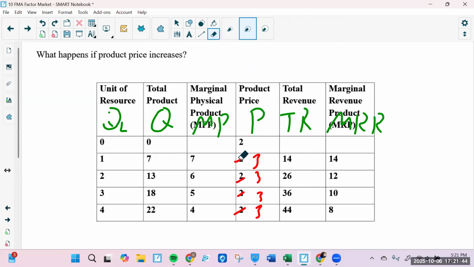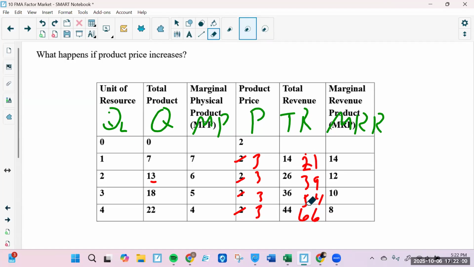This becomes 7 times 3, which is 21. This becomes 13 times 3, which is 39. This becomes 18 times 3, which is 54. And this becomes 22 times 3, which is 66. Okay, so your total revenue goes from 14, 26, 36, 44 to 21, 39, 54, 66.